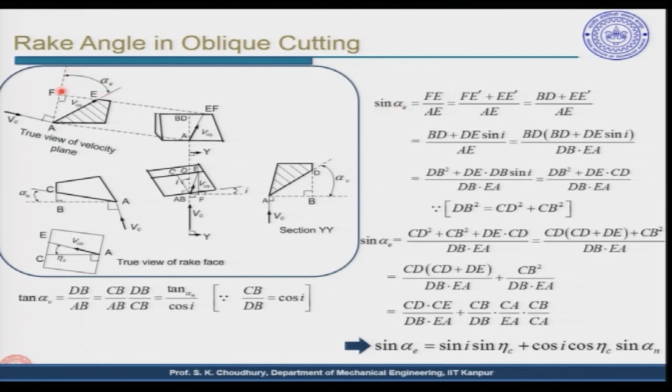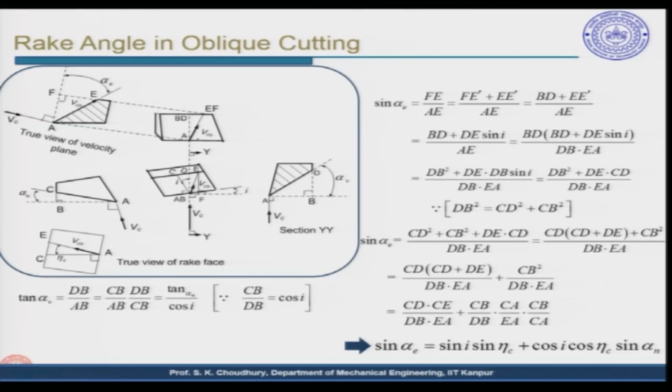The sine of the effective rake angle will be Fe divided by Ae, and from the geometry you find that Fe is taken from here to here and from here to this view, and Fe can be found out as Fe prime. Actually I will show it to you, it is not shown exactly here.